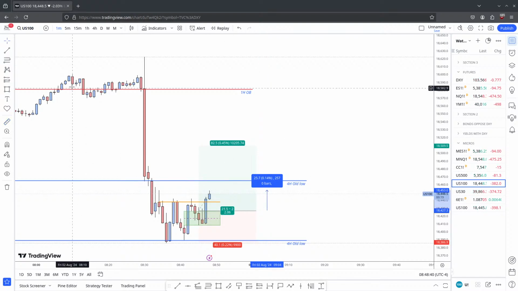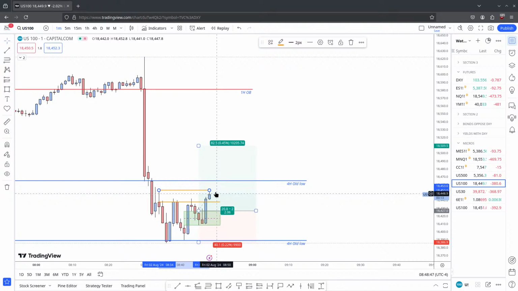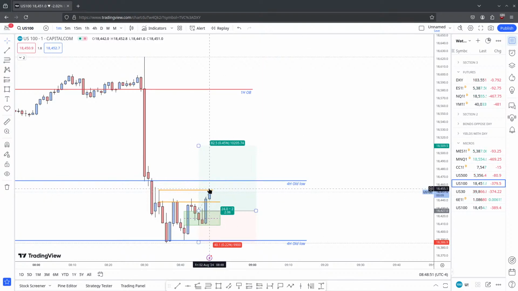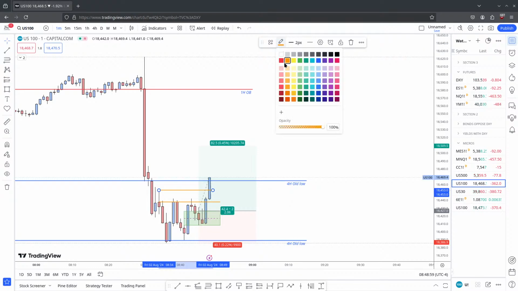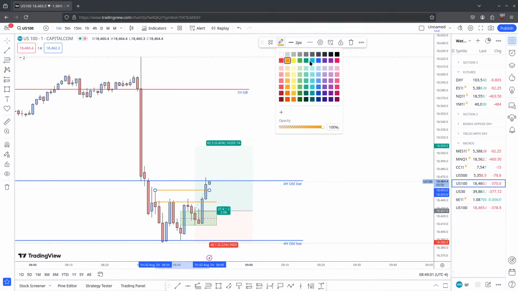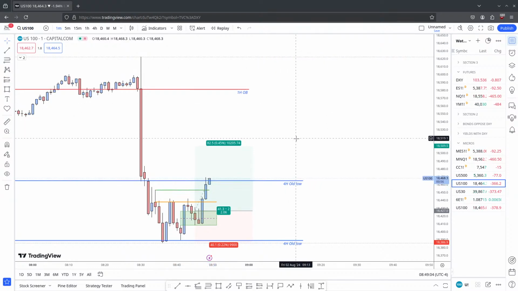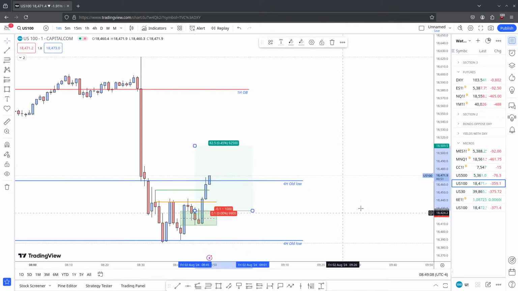Yeah, that's about 5 handles. 12% is about 5 handles, right above this high. So that would be a partial probably. Five handle traders, that would be a partial. Take that as a partial point. Your 5 handles. Let's make it green. 5 handles and then stop to break even.